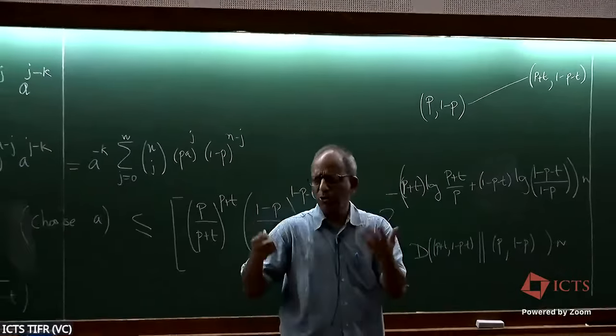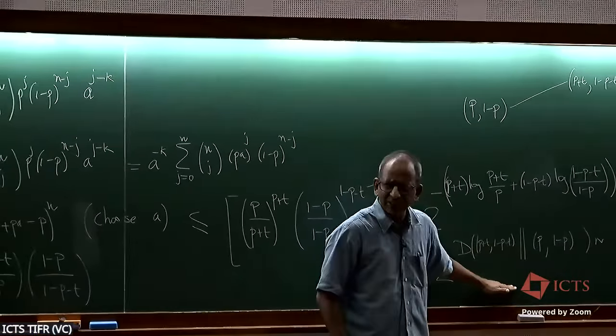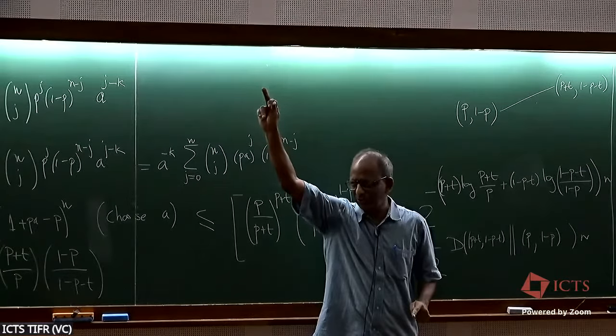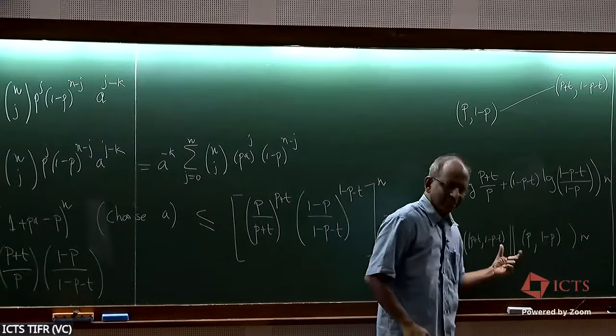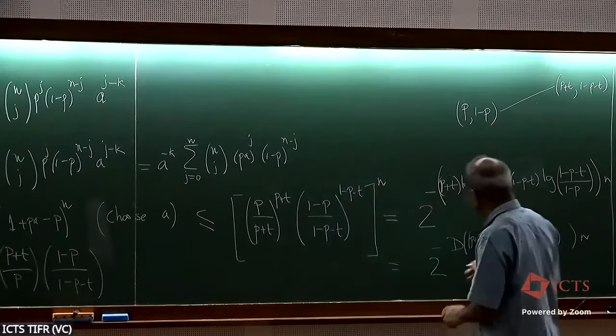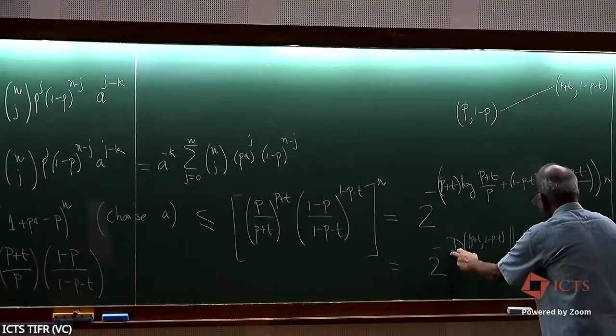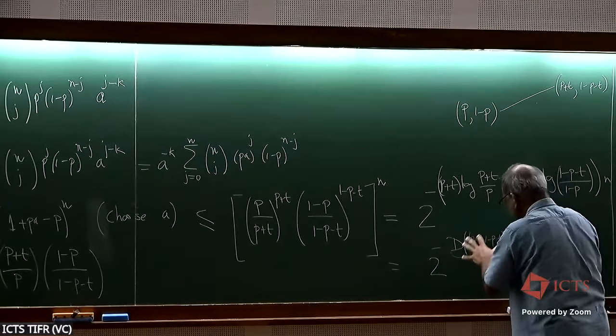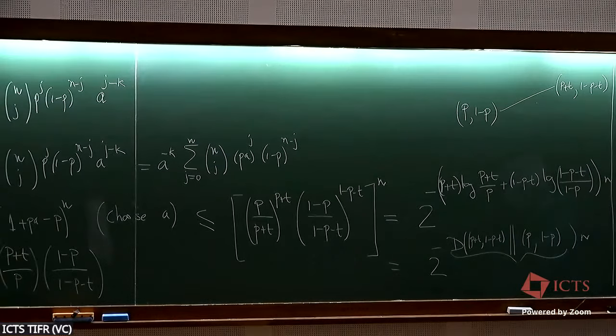Or if you want to do it formally, you would take the log of this, divide by n, and take n going to infinity so that all that you get is this. But never mind, we'll just say this is the rate of decay because it is the coefficient of n. And that turns out to be the relative entropy function.